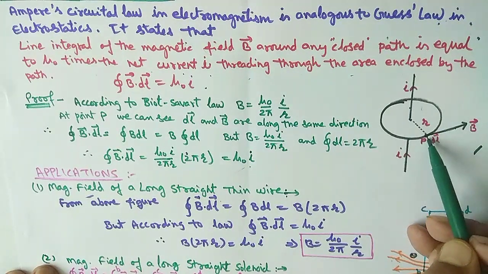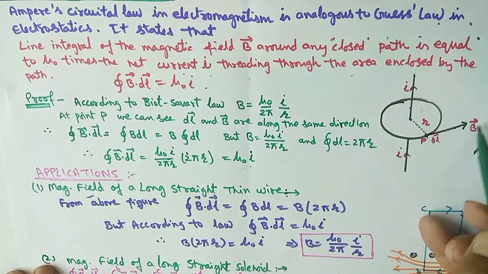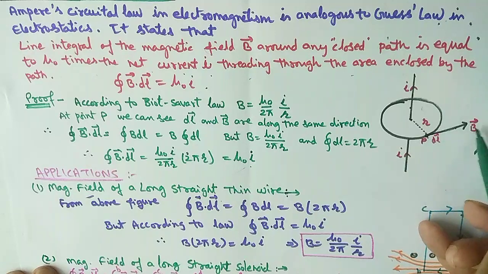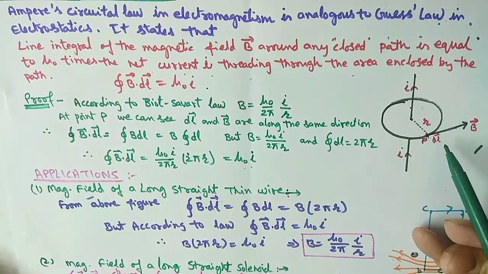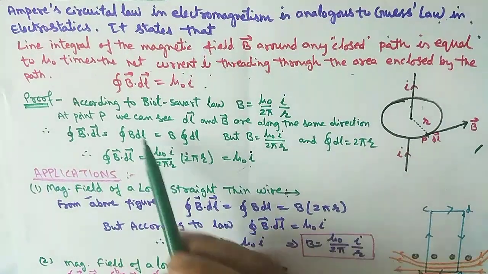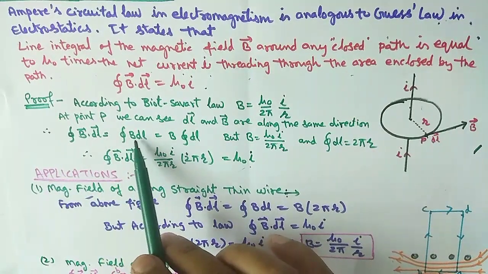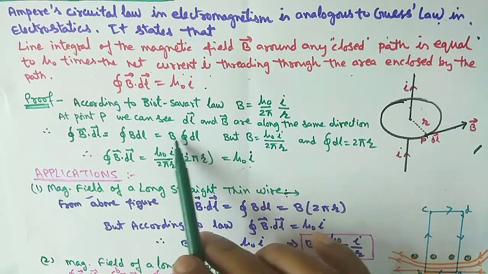So you can see dl and B both are along the same line, parallel to each other in the same direction. So the angle between B and dl is 0, and cos 0 is equal to 1. So we can write the dot product of B and dl is equal to B dl cos 0.